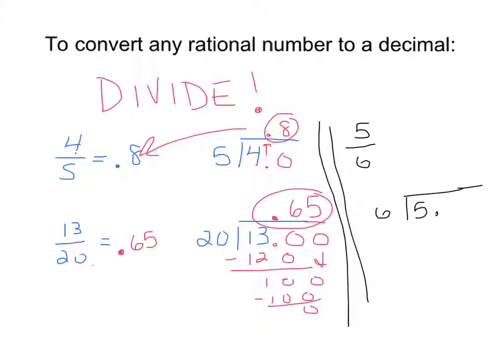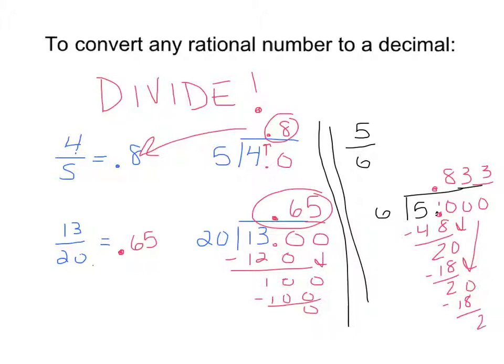I'll add the decimal with the 0, bring the decimal up. 6 goes into 50 8 times. It leaves me with 48, 2, I bring down the 0. 6 goes into 20 3 times. 3 times 6 is 18. Minus 2. Add a 0. Bring it down. 6 goes into 20 3 times.